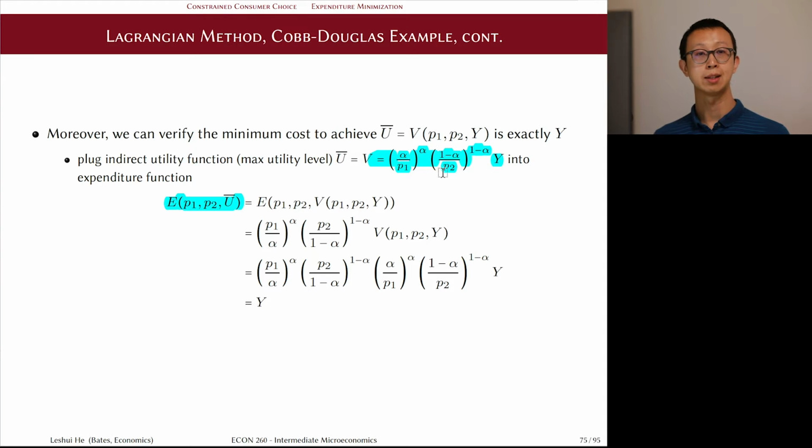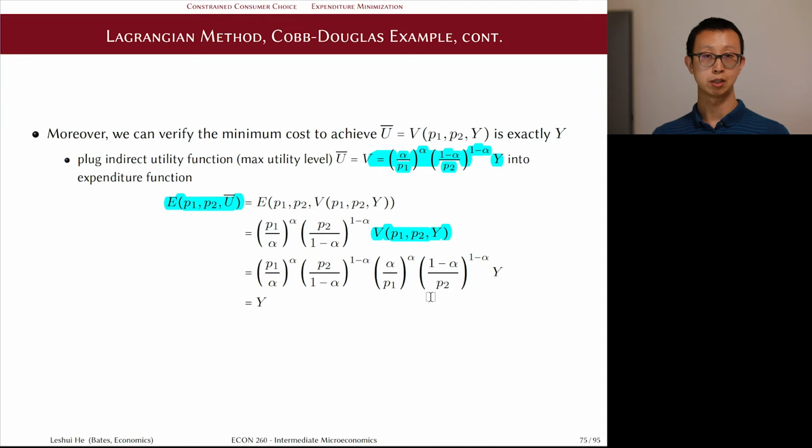So just like the last slide, we will plug this expression into the spot of u bar, and that gives us this expression here on the third line. The algebra here is very straightforward. We realize immediately that the first term is the reciprocal of the third term and the second term is the reciprocal of the fourth term.